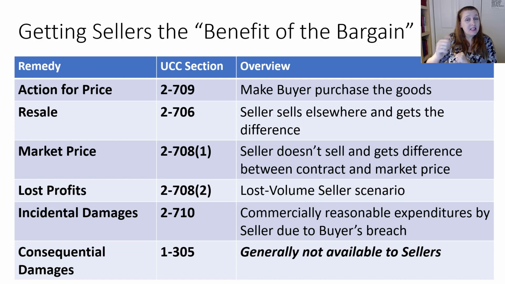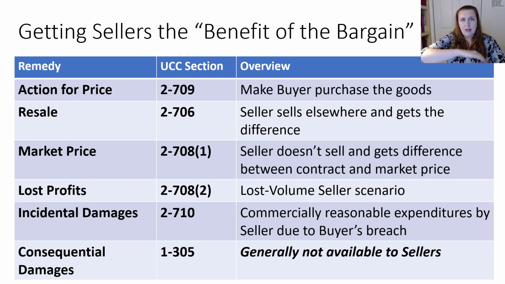It's going to be very different when we're talking about buyers, because buyers do receive consequential damages under the UCC, but sellers typically don't. And it actually makes sense because for sellers, usually what is happening is they just expect to get whatever the profit was going to be on that deal.